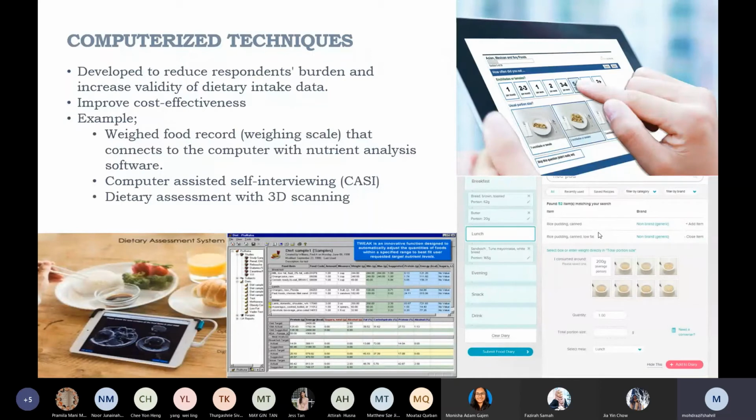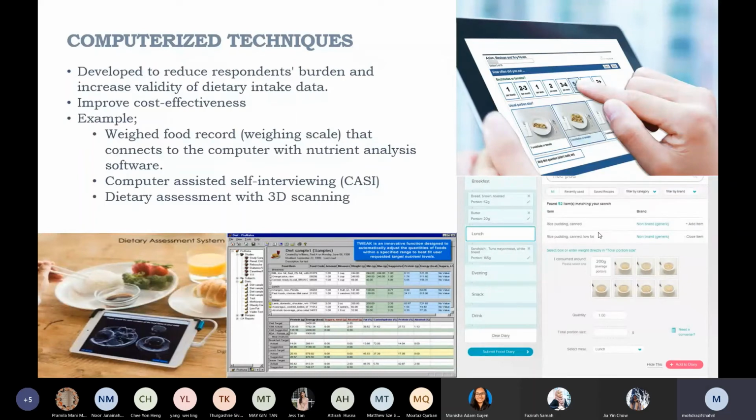That's an example. Another example is when we use weighed food record, the first picture on the bottom. The weighing scale is actually connected to a computer with nutrient analysis software. So every time you weigh the food on the weighing scale, the data will be transferred to the computer, where you input the type of food being measured, and immediately the nutrients will be calculated for you and for the respondent, and you don't need to do data entry.